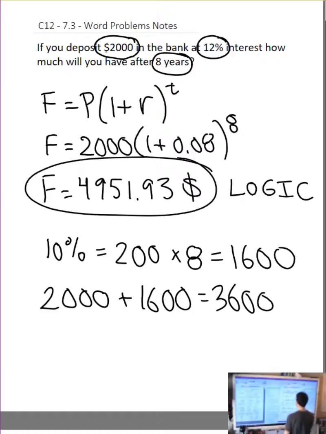Now what is the difference between 4,900 approximately and 3,600? Well, we're going to be making interest on interest. So as the $200 of interest accumulates each year, the following year we're then going to make interest on that interest. So $4,951.93 is a good logical answer and correct.